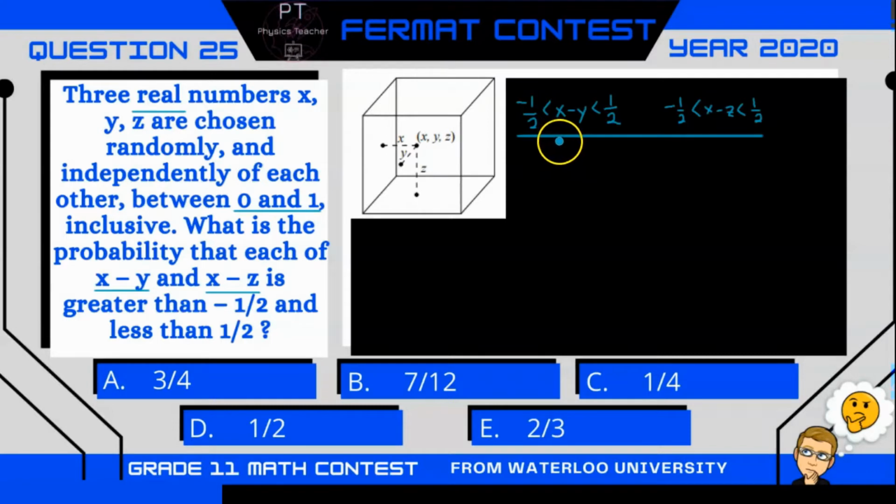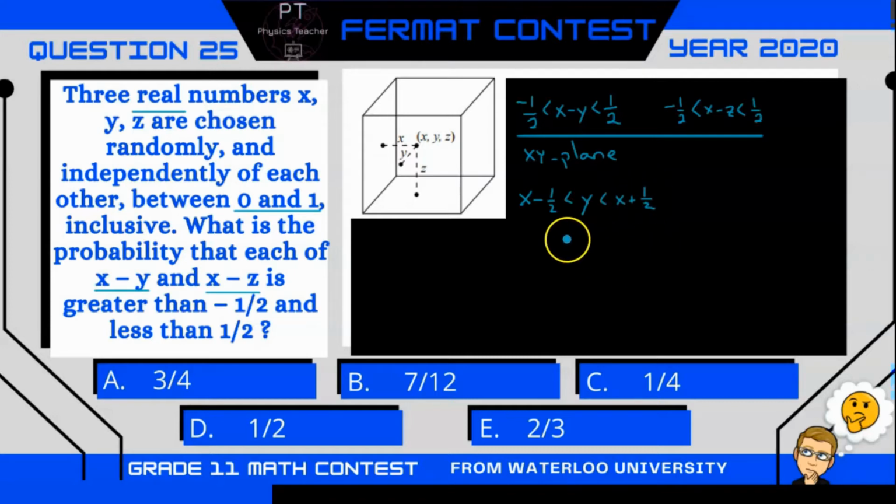Alright, let's start with this first condition, the x minus y one. So we'll look at the xy plane then. Now if I multiply everything by -1 and add x throughout, I can rearrange this inequality to look like so. It will be x minus 1/2 must be less than y, which must be less than x plus 1/2.